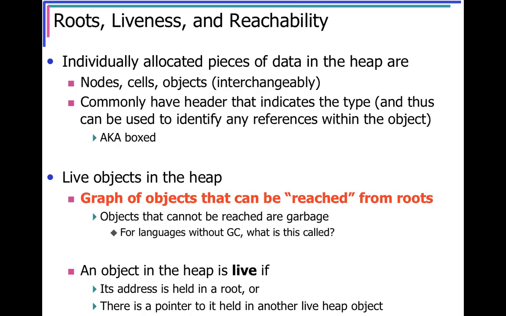And so you can build a graph from the roots of a program that identify all of the accessible heap data that the program has access to at a particular program point. Note that this changes as the program executes. Different program points may represent different live object graphs because the program is mutating, is changing the heap as it executes.